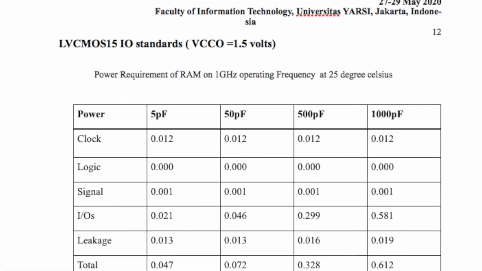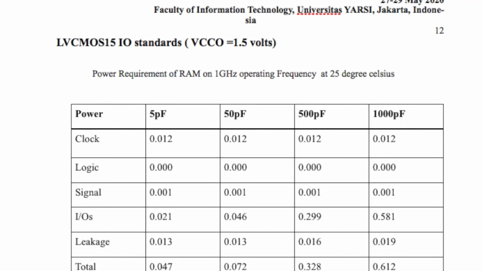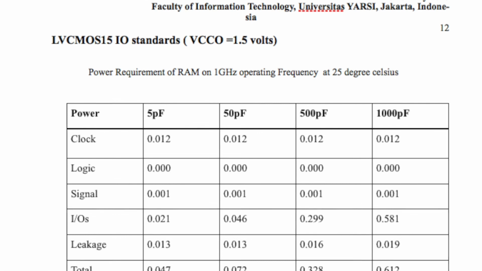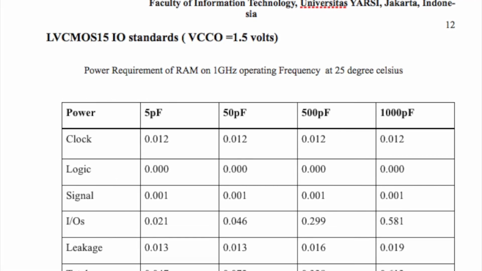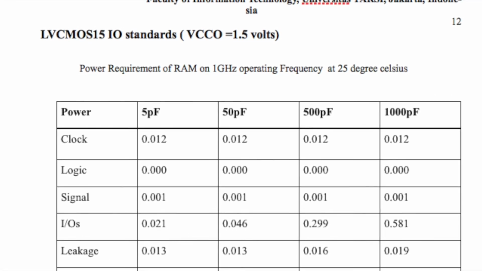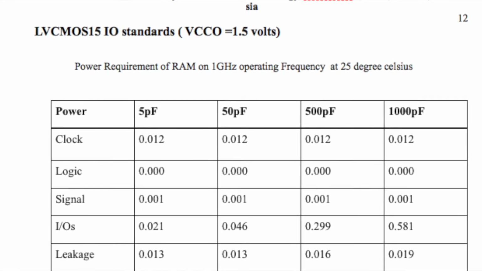Now we test the FPGA in LVCMOS 15, that is VCCO kept at 1.5 volts, at 1 GHz operating frequency and a temperature of 25 degrees Celsius. The table clearly shows that the clock power, logic power and signal power consumption remain the same at different output load capacitance values at normal room temperature.